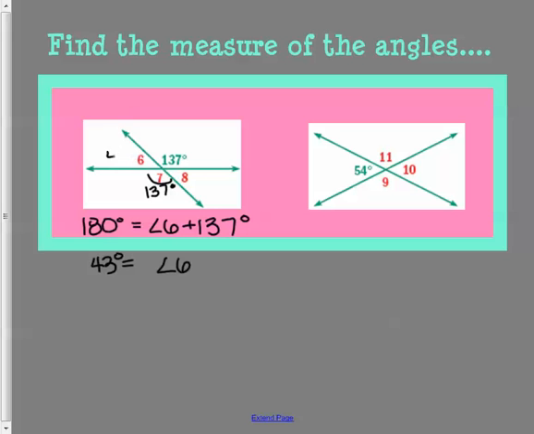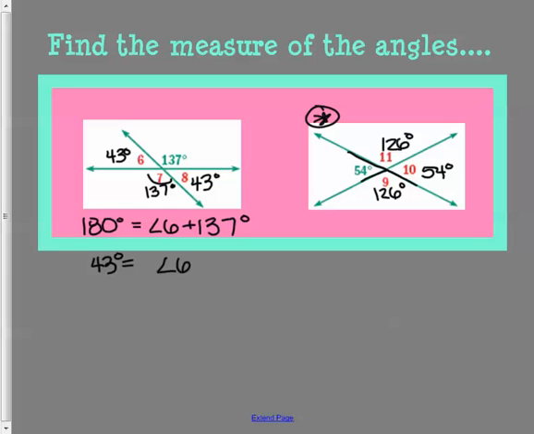You can justify then that angle 8 is also 43 degrees by either vertical angles or that 137 and angle 8 also form a supplementary line. Go ahead and try this one, and I'll be back in just a second to show you what I did. Angle 10, you could say, is 54 degrees based on vertical angles, which means angles 9 and 11 are 126 because they form supplementary straight lines with angle 54.